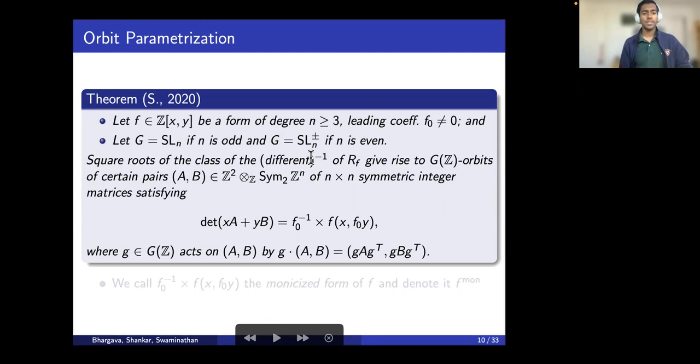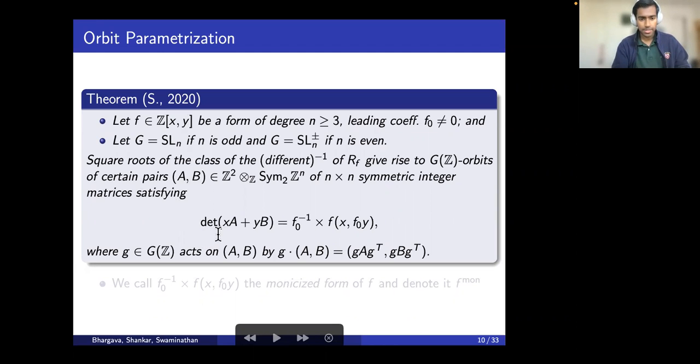And the parametrization states that if you have a square root of the class of the inverse different of R_f, then you can produce a G(Z)-orbit of pairs (A, B) of n by n symmetric integer matrices. So this space here, Z^2 tensored with Sym^2 Z^n, is just the space of n by n symmetric integer matrices. And the pair (A, B) that you produce will have the following property.